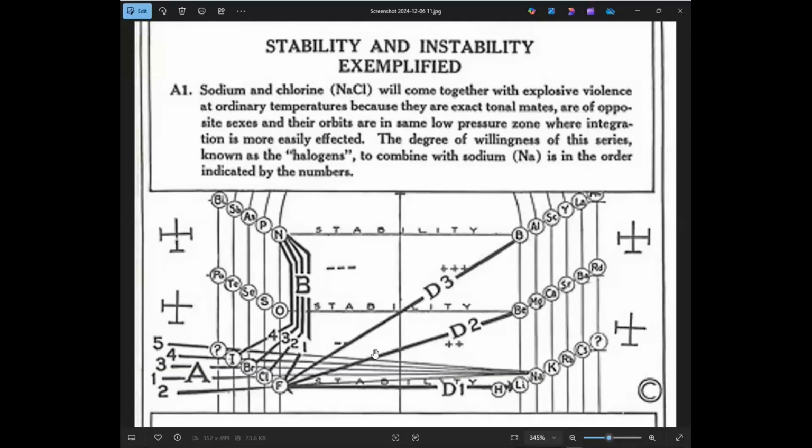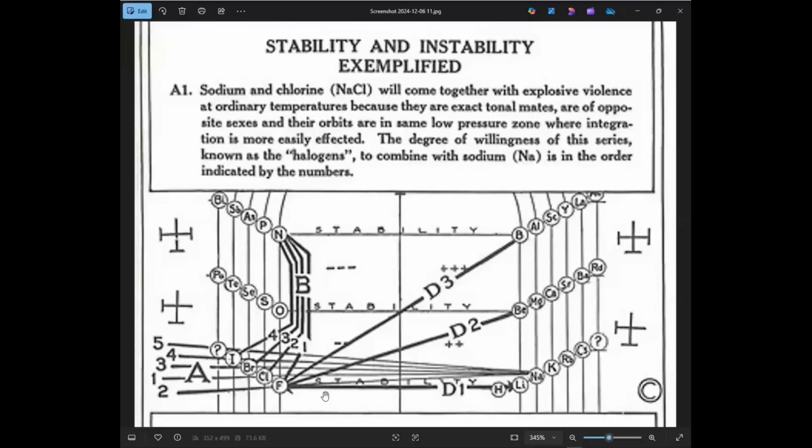So what we've learned here is that the lower octaves, which are in lower potential, will match up more easily than a low potential thing matching up with a higher octave or higher potential mated pair.